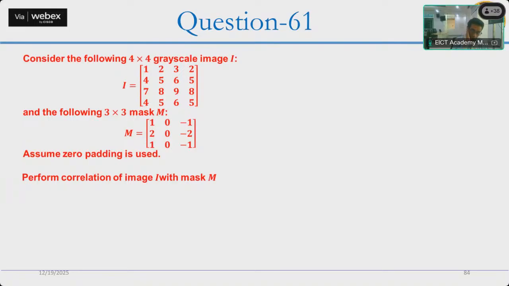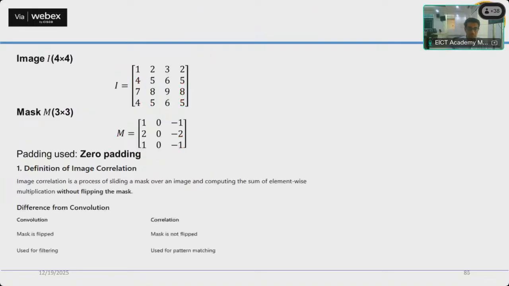If you recall, there is no flipping and you directly multiply in this way. This I is given, this mask M is given, zero padding is used. Sliding a mask over an image and computing the sum of element-wise multiplication without flipping.